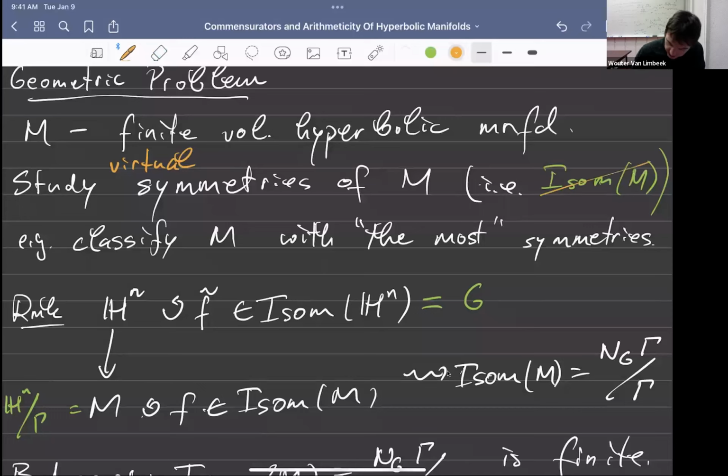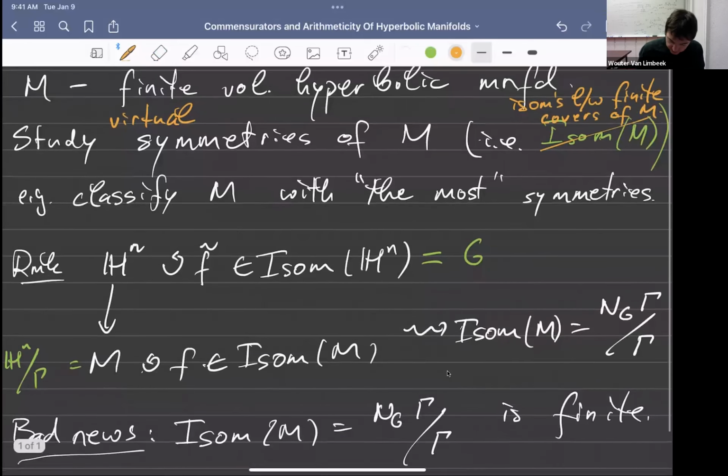Instead, I would like to study isometries between finite covers of M, and then I would like to classify M with the most virtual symmetries.